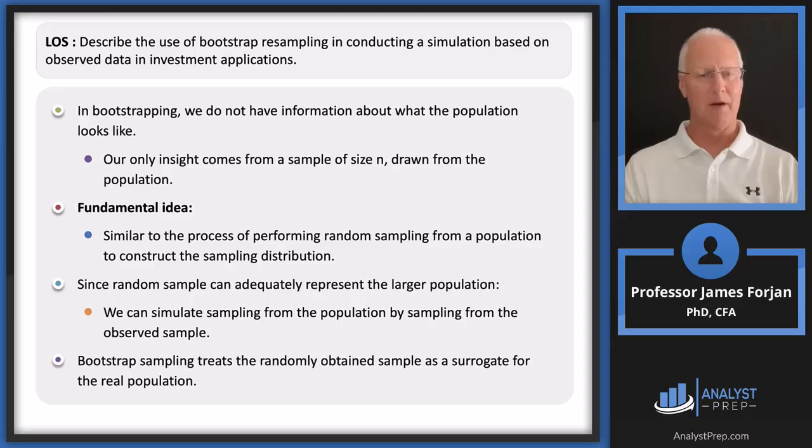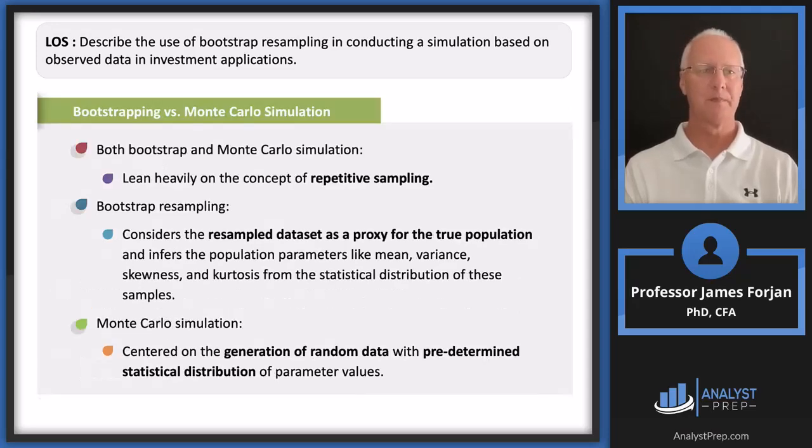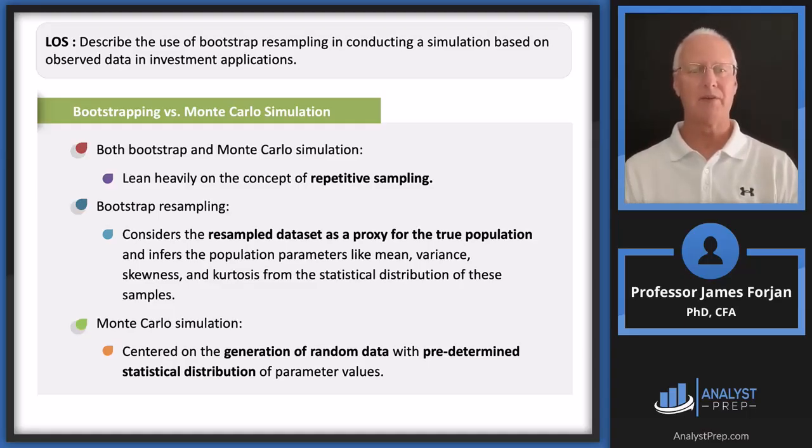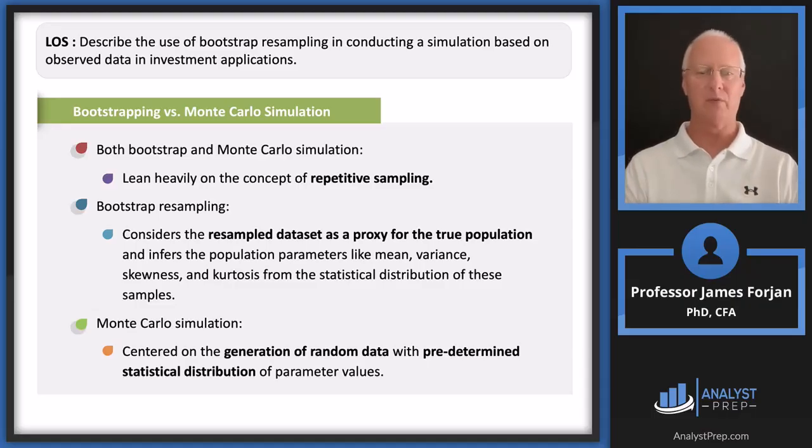Yeah, look at the bottom point there. Sampling treats the randomly obtained sample as a surrogate, as a proxy for the real population. Yeah, they both lean heavily on repetitive sampling. That makes sense. Considers the resampled data set as a proxy. We just said that in the previous one.